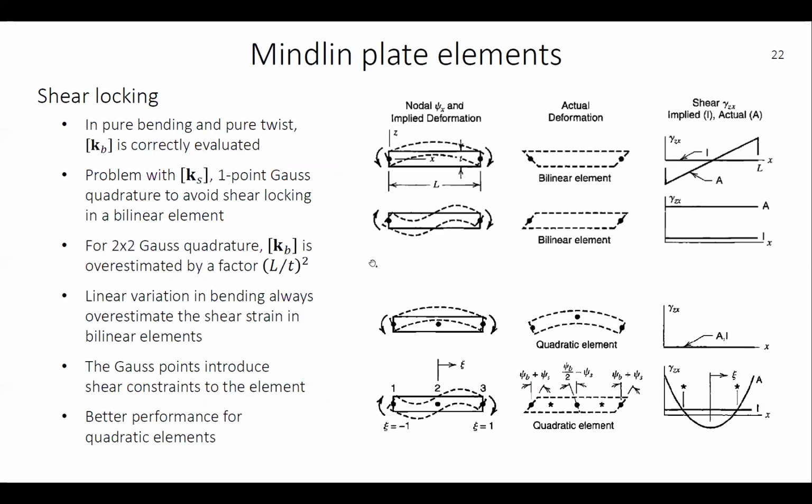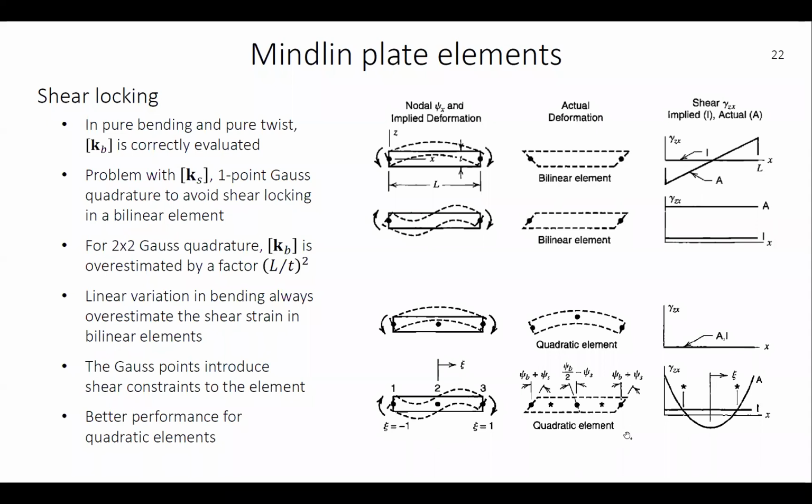If you look at second order elements, the quadratic one, we have a better, actually perfect estimation of the shear strains for the pure bending case. And we will have similar problems here for the twisting components.